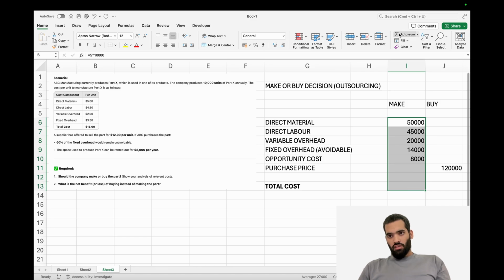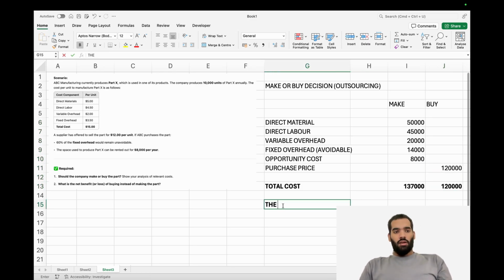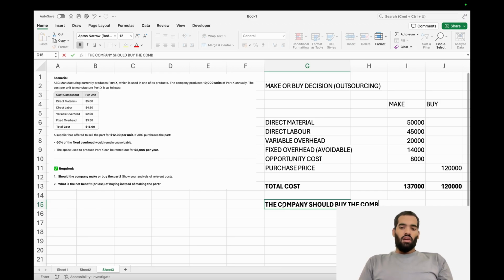In this case, it's cheaper to buy the component from an external supplier. So we will say the company should buy the component from the external supplier.